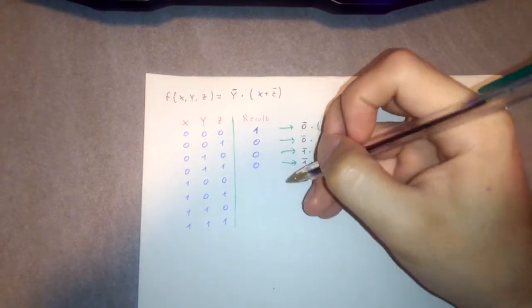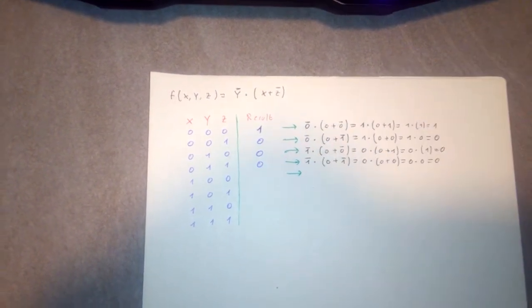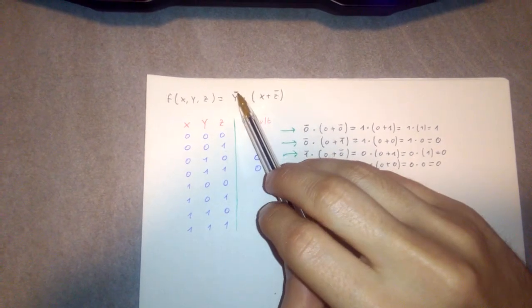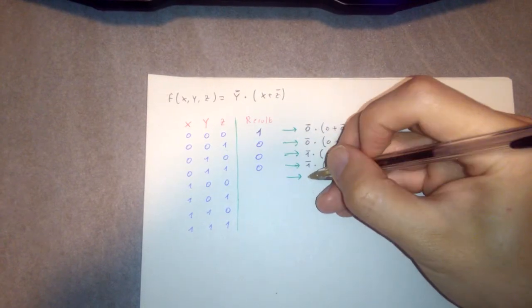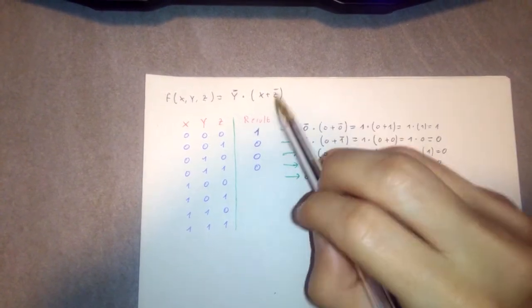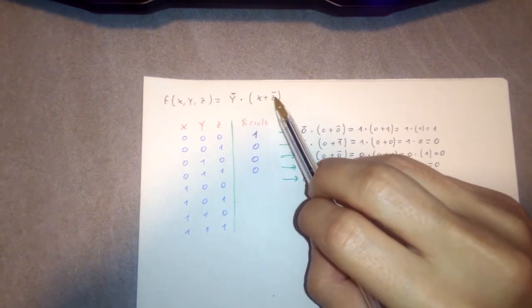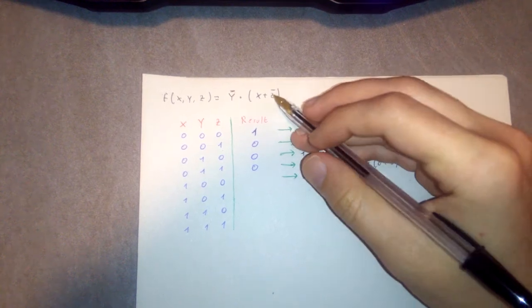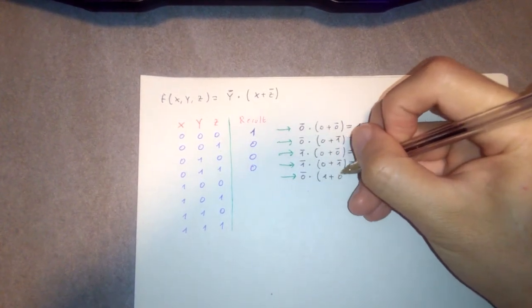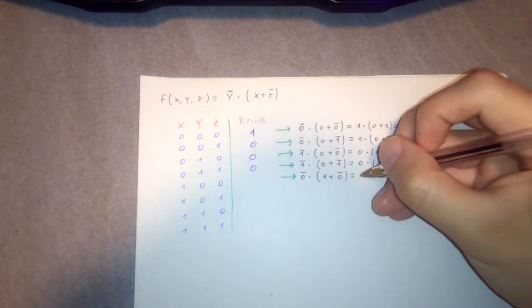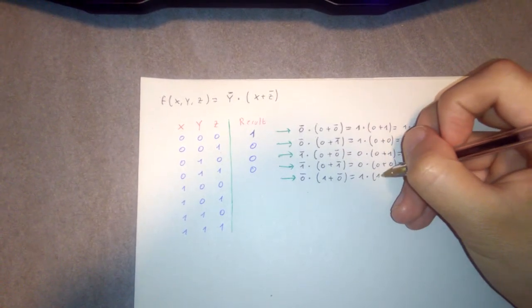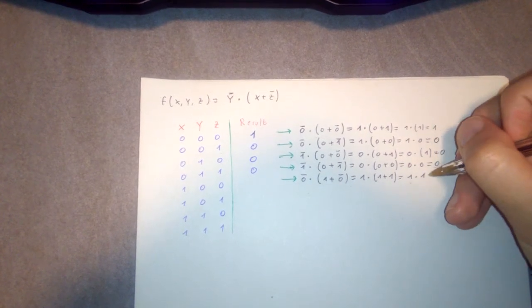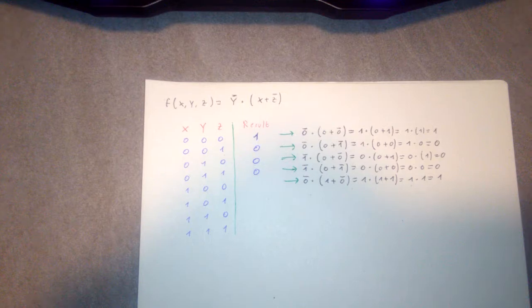Now, we must continue. With 1, 0, 0, we get not y, so not 0, times x plus not z. So x is 1, so 1, plus not z, so not 0. So not 0 is 1 times 1 plus not 0, which is 1. Therefore we have 1 times 1 plus 1 is 1, so times 1 is indeed 1.